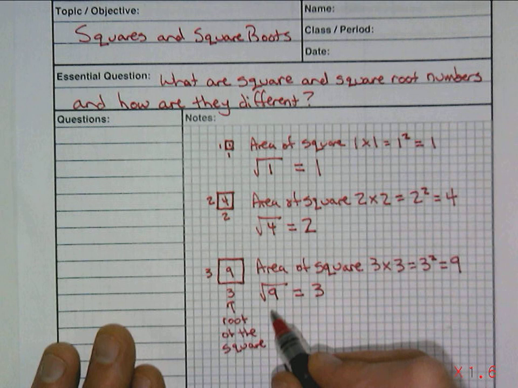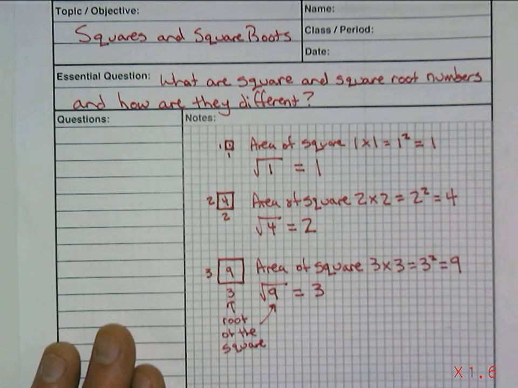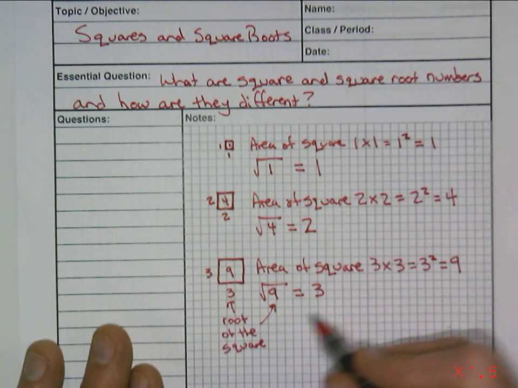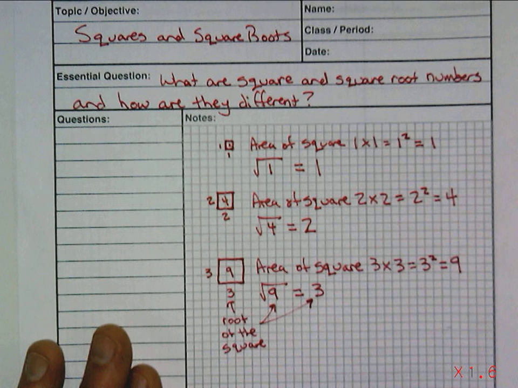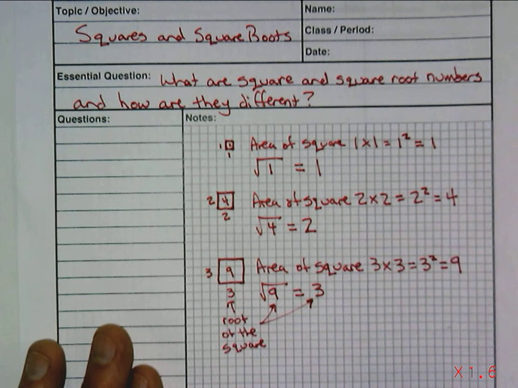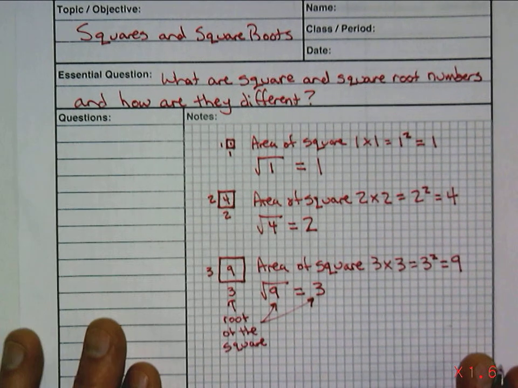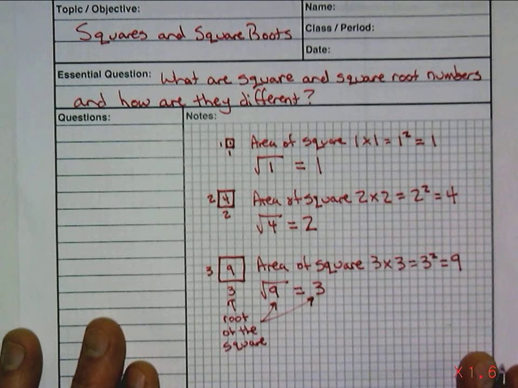The square root of 9 is 3. So the square root is the side length of the square that has an area of 9.